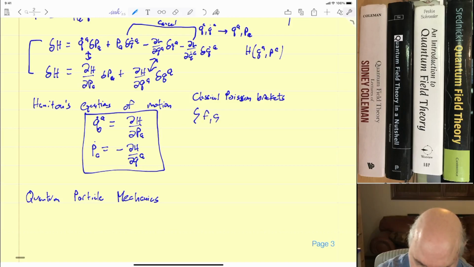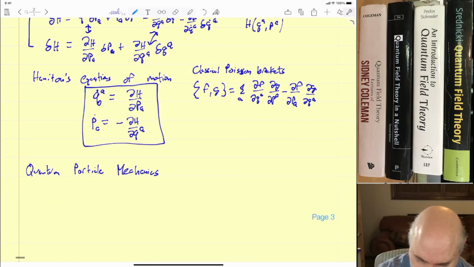Define that by F comma G is equal to, and I'll explicitly show the sum, but the Einstein summation convention would apply here. This is just a definition. And using this definition, if you apply them to the variables themselves, you get these very important relations.